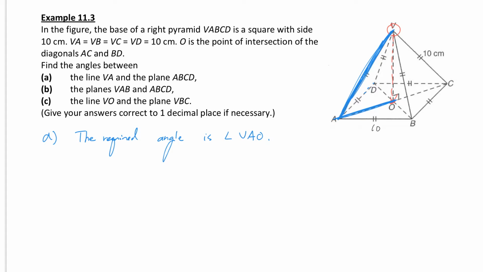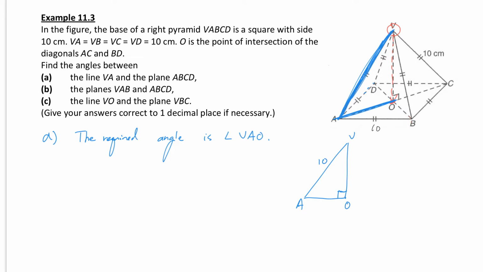If you want to find the angle, I will find one triangle containing VAO. This is my normal practice. I know VA is equal to 10 because VA is equal to VB is equal to VC. And this is a right angle triangle. I do not have enough information, so maybe I need to find AO or VO. Can you see? This is a square base.